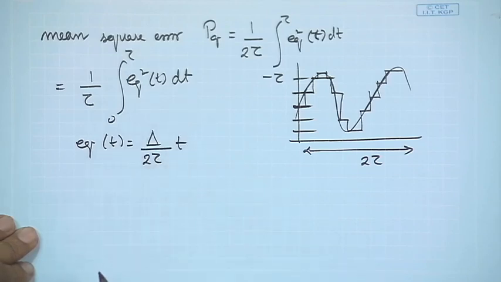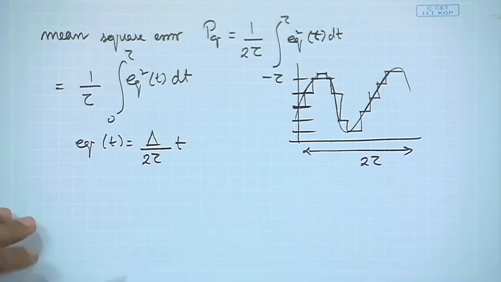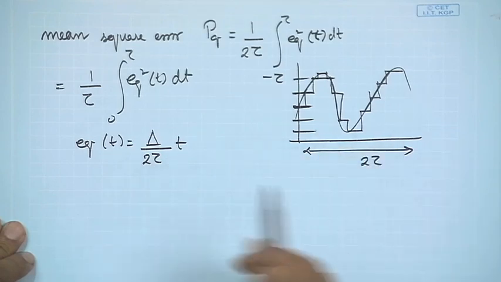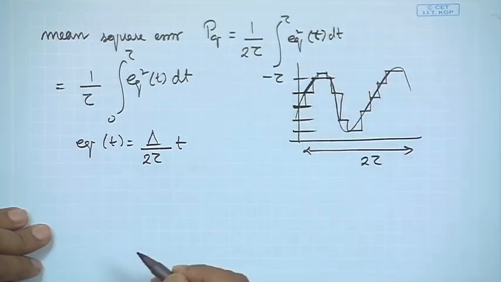Now, we should remember that finite duration signals, and of course periodic signals, can be represented by a sum of sinusoids. So, if you can represent it as a sum of sinusoids, then in each of these you have this linear approximation.